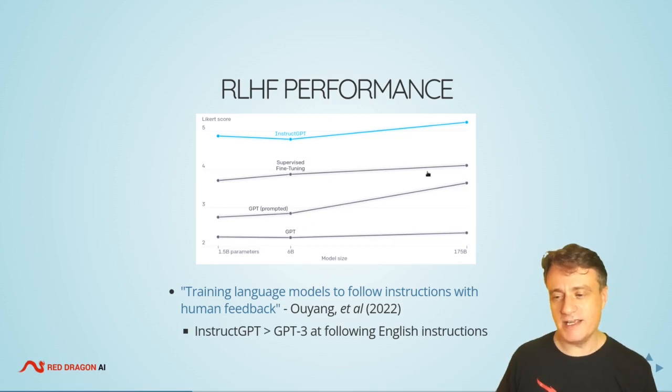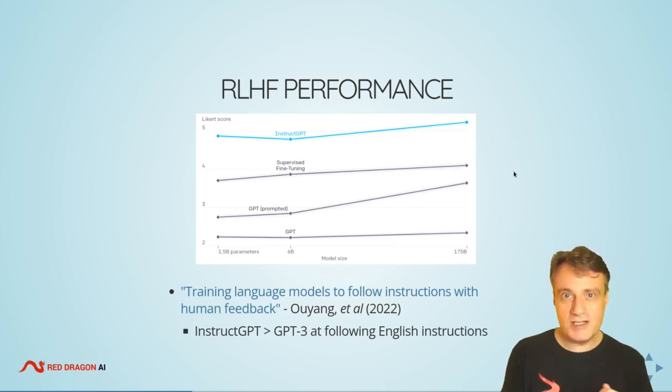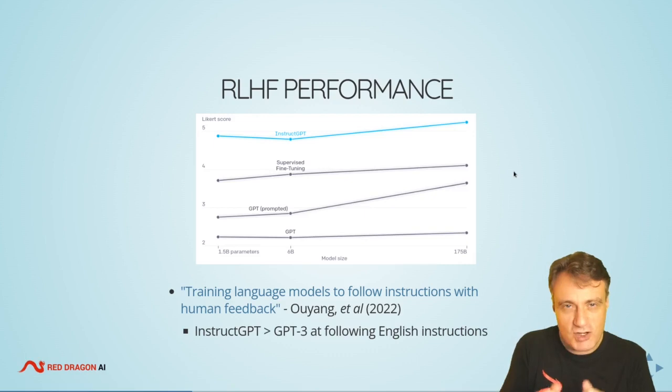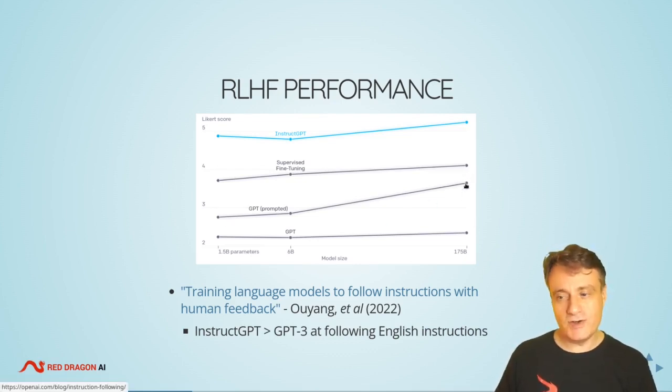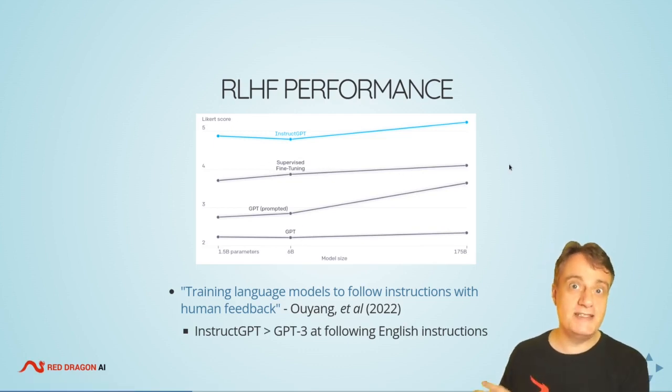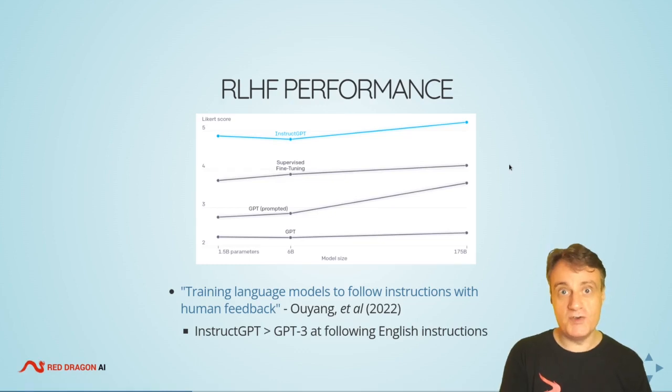The second line up basically is what happens if you prompt it to try and do your task a bit better, like setting the context a bit better. And yes, you can make the big ones perform much better, but it's still not as good as if you actually start to fine tune it. So suppose I had a big data set of how it should respond, and I actually try and encourage the weights of this model to respond well.